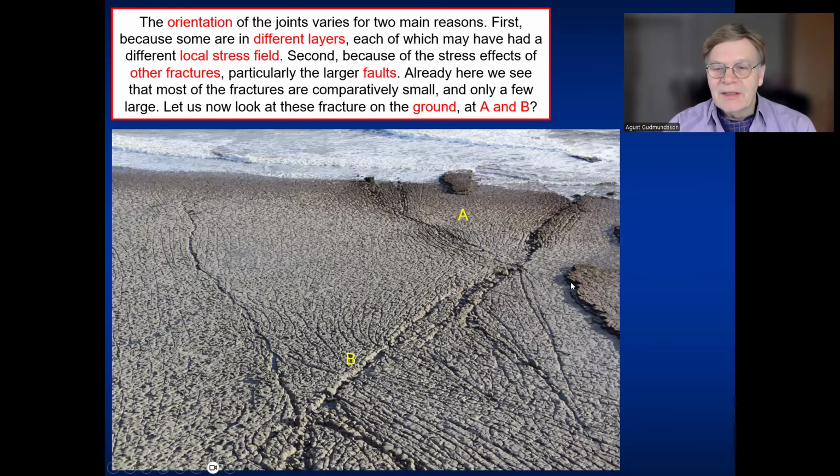So the joints are in slightly different layers, and that means that the layers may have had different local stress fields when the joints formed, as I discuss later. In addition, we will see that many of the joints change their orientation when they come close to faults, and I'm going to explain that as well. But let's first look at what the joints and the faults look like on the ground. We look at place A and place B.